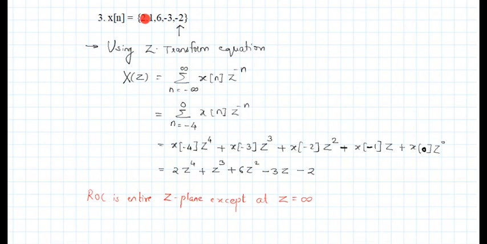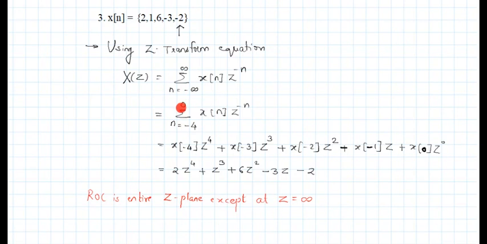It means that x[n] is existing from -4 to 0 only for these time instants, and therefore the limits in the summation are modified from -infinity to +infinity to -4 to 0. Why? Because my given signal x[n] is existing only for these time instants.